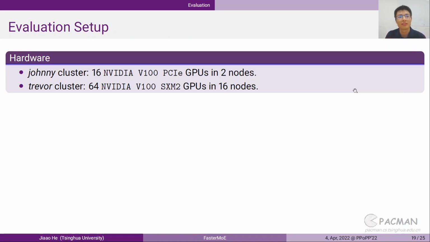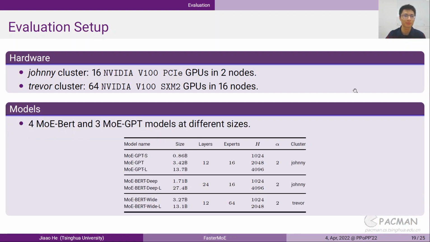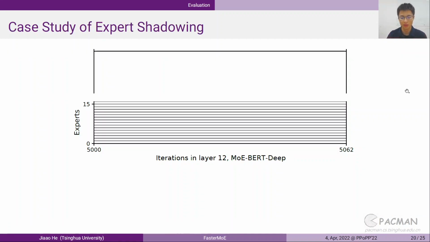For evaluation setup, we have two clusters. The first one has 16 V100 PCIe GPUs, and the second one has 64 V100 NVLink GPUs. We train in total 7 models of different sizes, and we want to observe the performance of different systems in different use cases. First, we do a case study of expert shadowing.